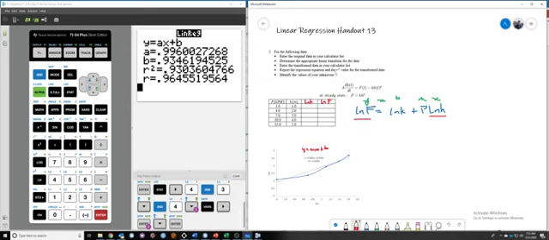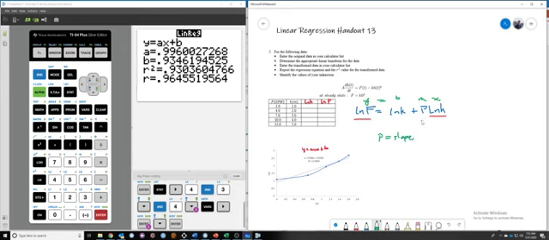We've reported the regression equation and the r squared value, and now we want to find the values of our unknowns. We know that P is simply the slope of our regression equation.